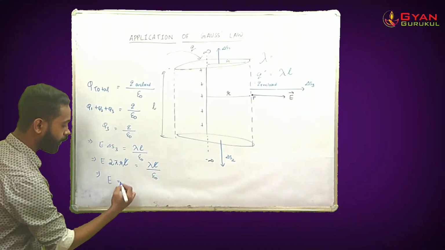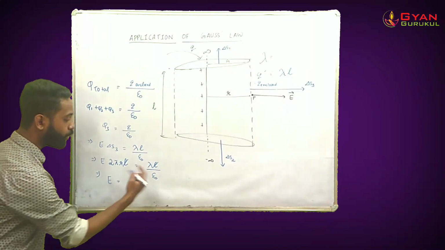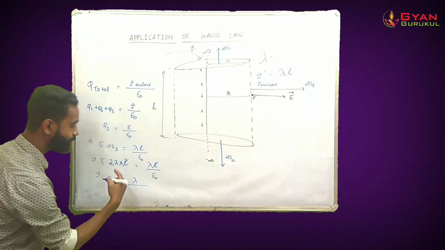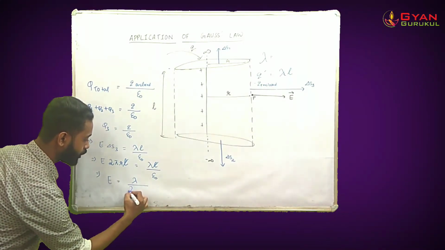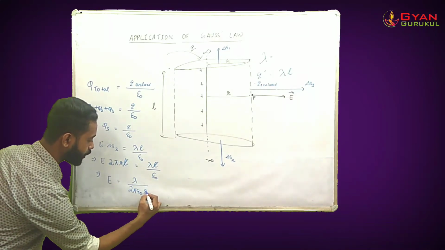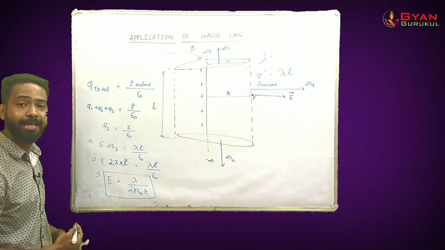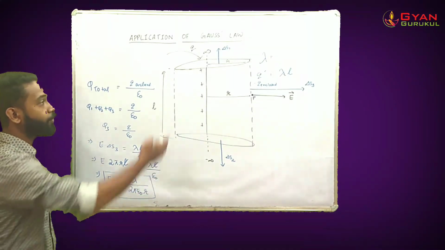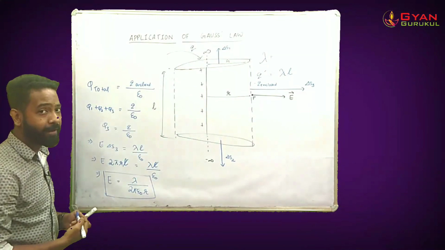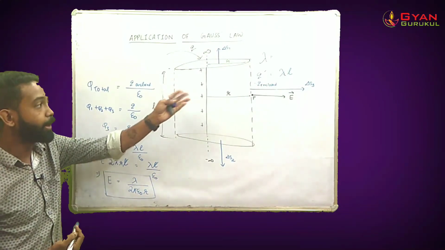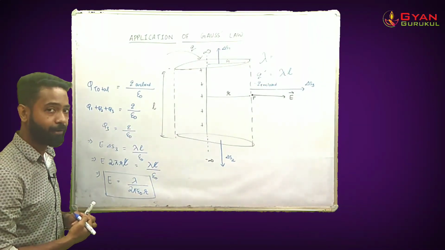So the final expression of the electric field would come out to be lambda divided by 2 pi epsilon naught r. So this is the final expression for the electric field for a uniformly charged infinitely long line at a particular point P, which is lying at a distance r from the line.